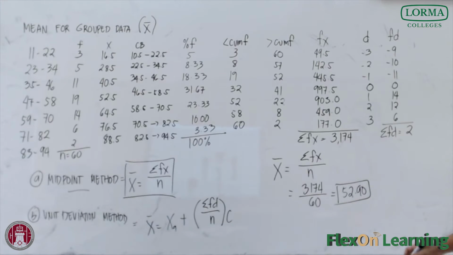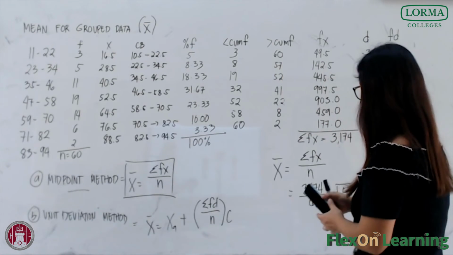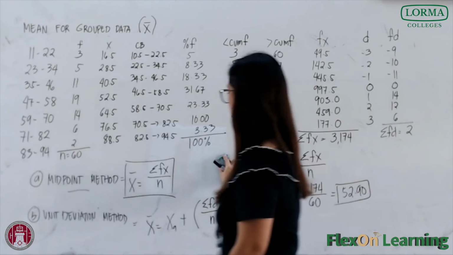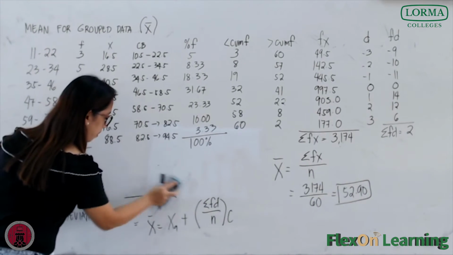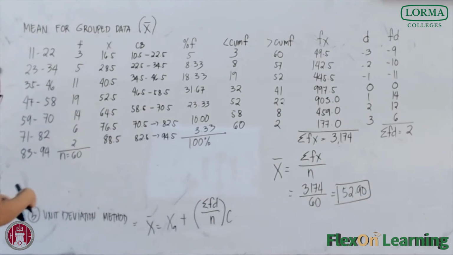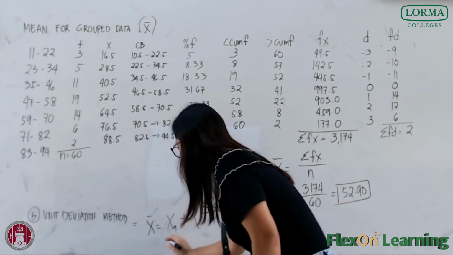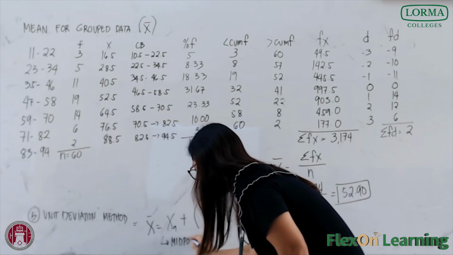Let's get the mean for the unit deviation. For the formula, this is the midpoint of your highest frequency.